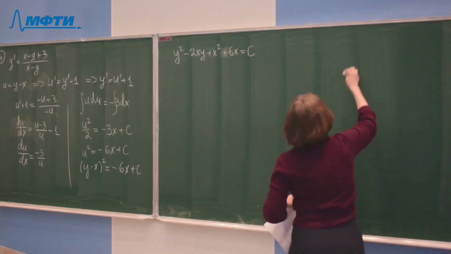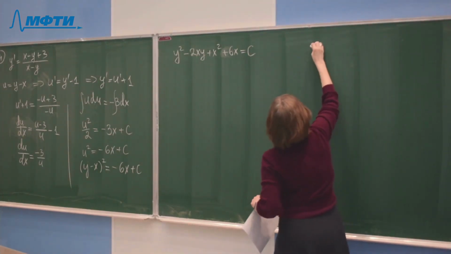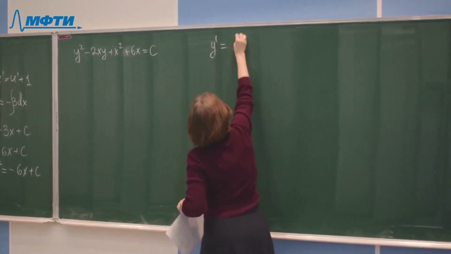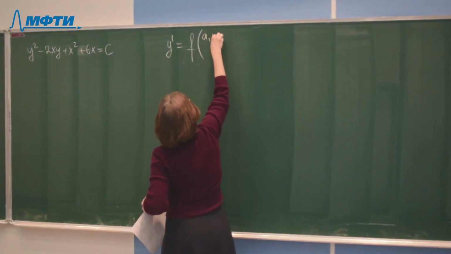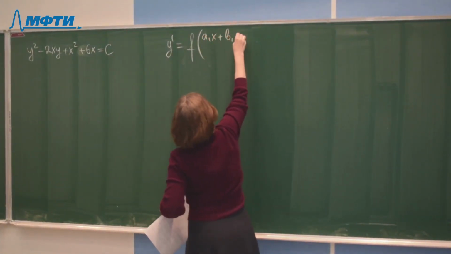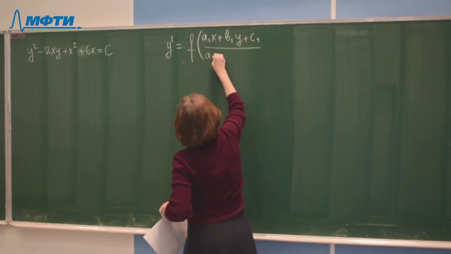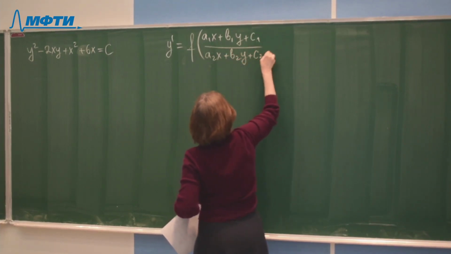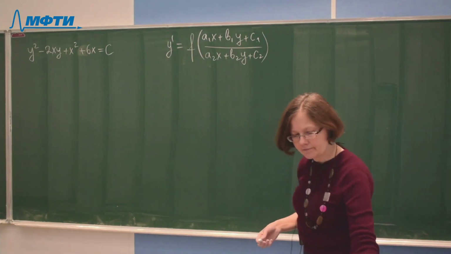So now we will consider equations of the form y prime equals f of (a1x plus b1y plus c1) over (a2x plus b2y plus c2), some function.